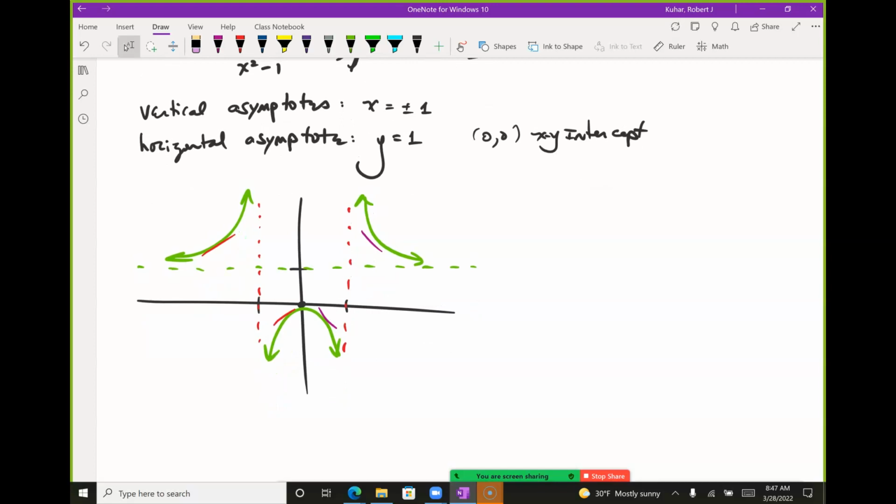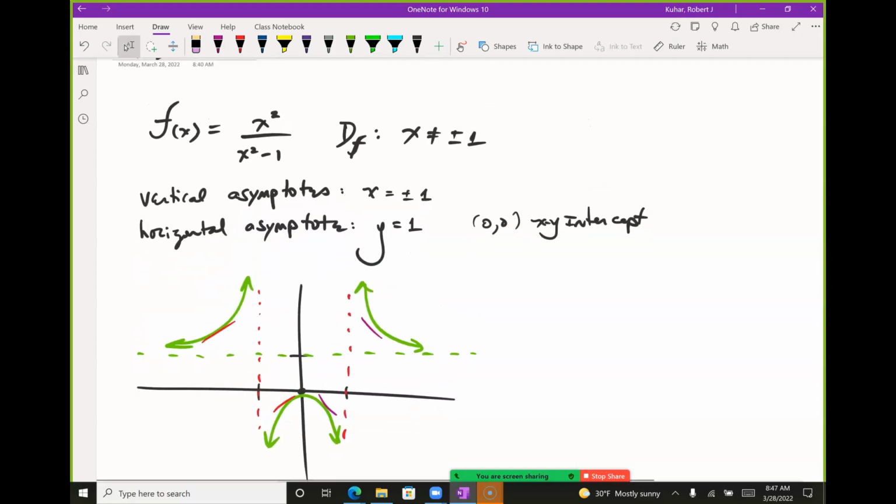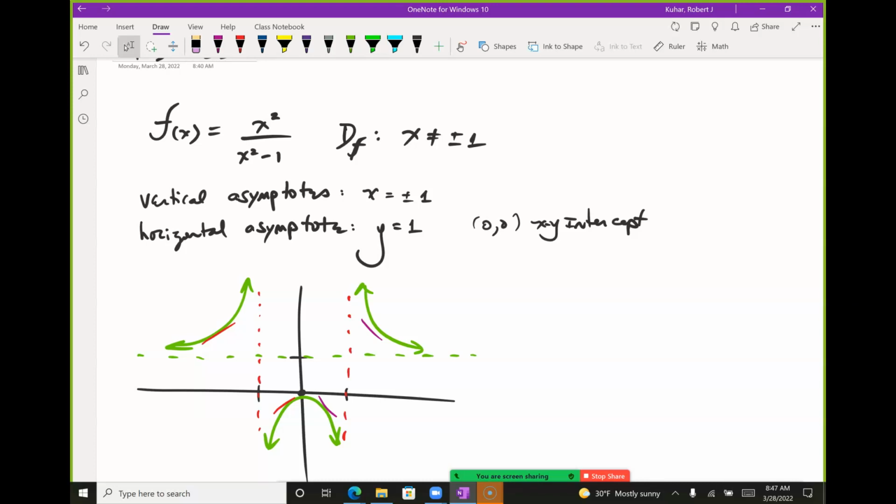All right, derivative. Professor, I feel like the horizontal asymptote would be 0. I'm seeing some values below 1 on my calculator. I think. Nope. In between -1 and 1, yes.